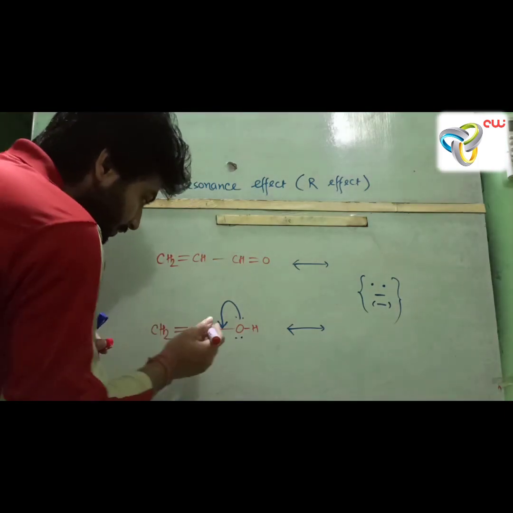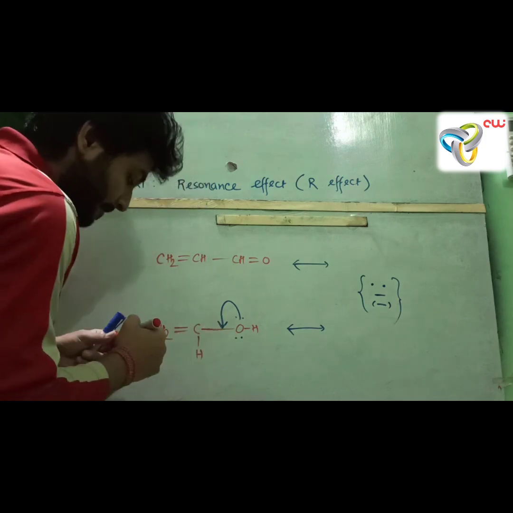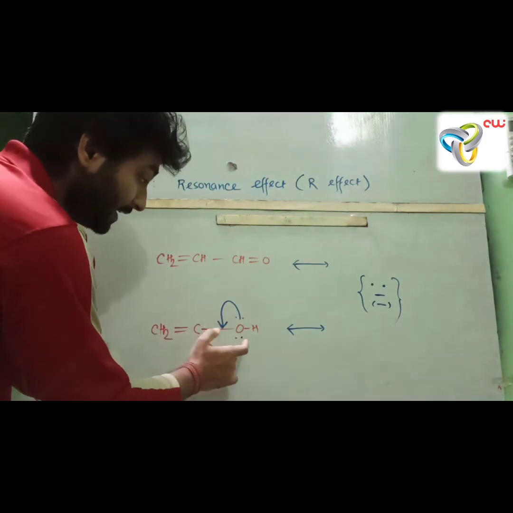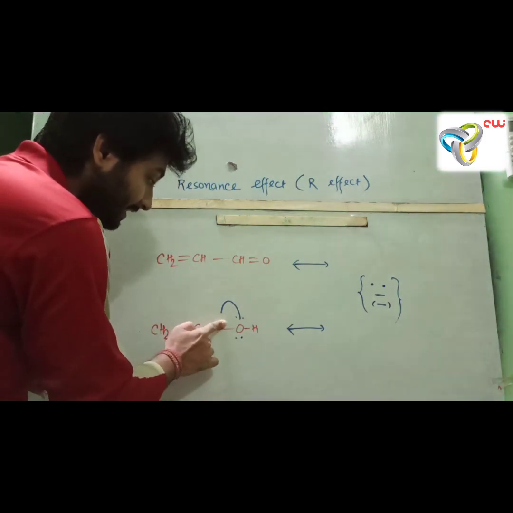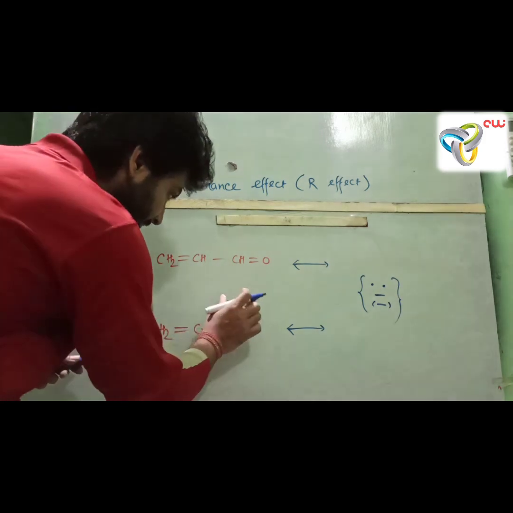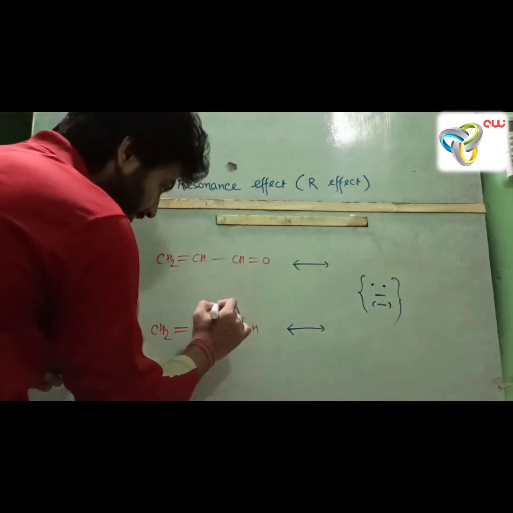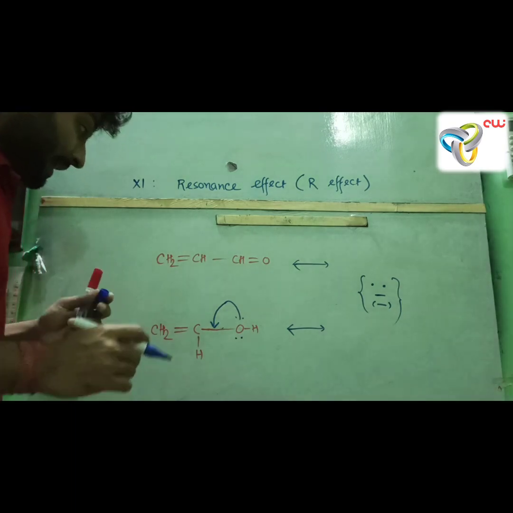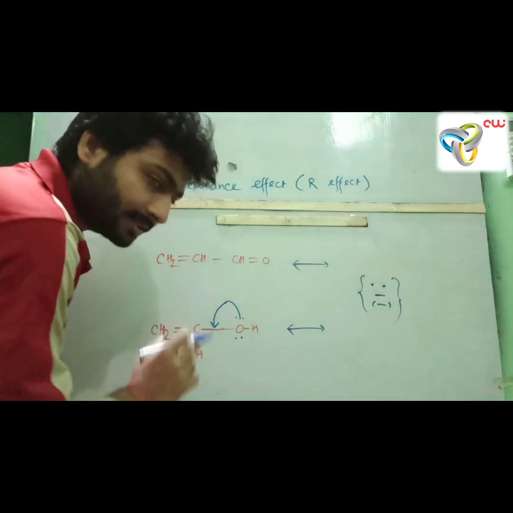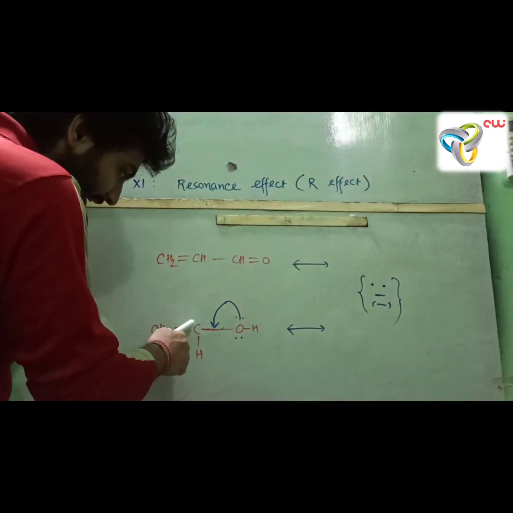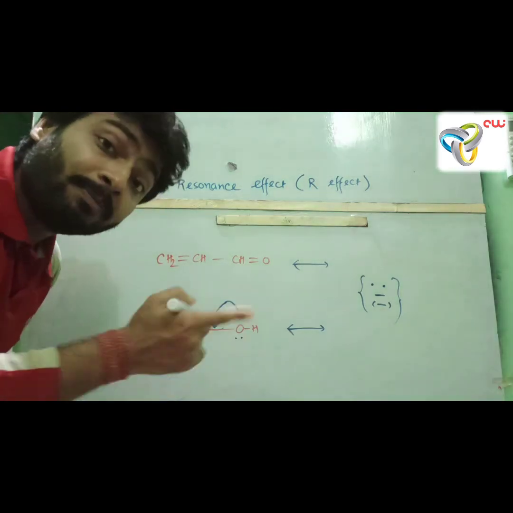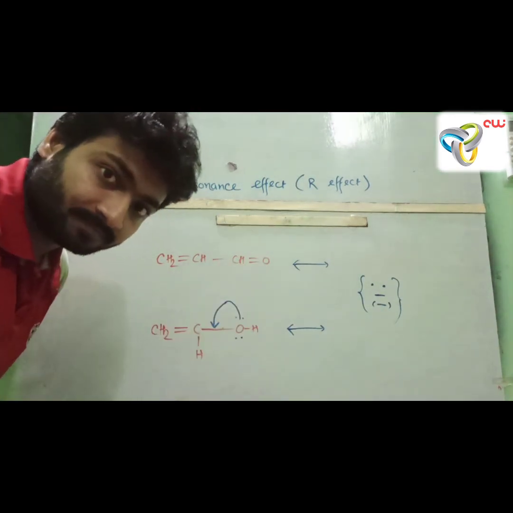Now the bond which is formed is between oxygen and this carbon. So that will form here. Now what happens if this bond forms here? There are 4 bonds around the carbon atom before this bond has been formed.